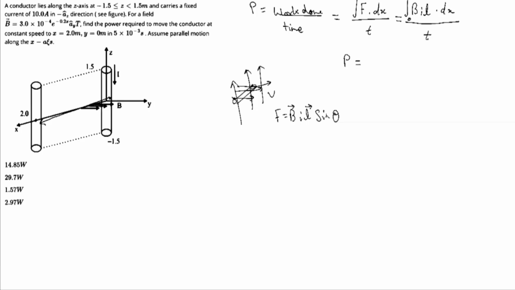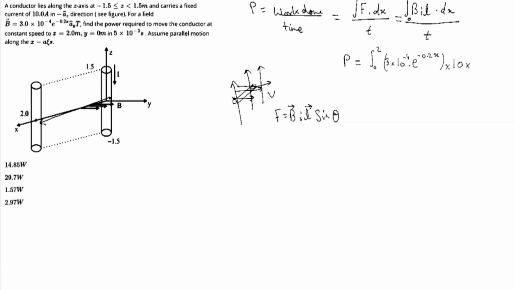So power is equal to, we will put the values, 0 to 2 limit. B is given as 3 into 10 to the power minus 4 into e to the power minus 0.2x, and the next value given to us is I, which is 10 ampere, and the next value is length.